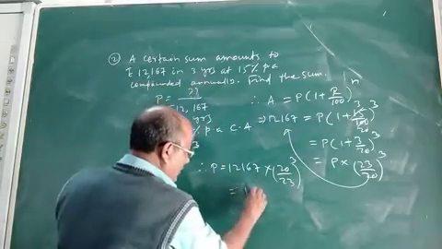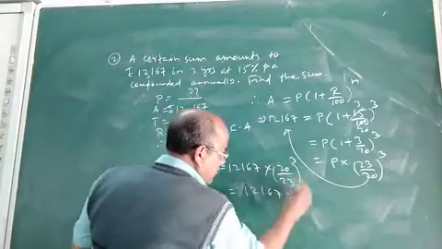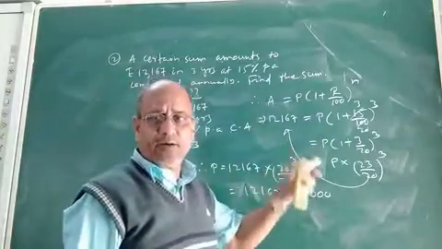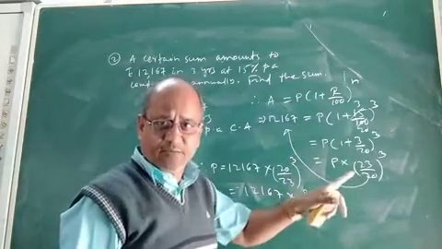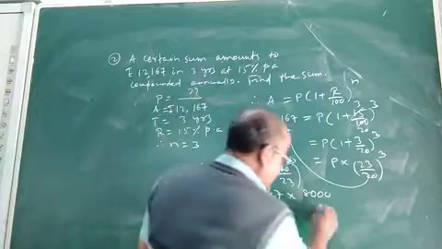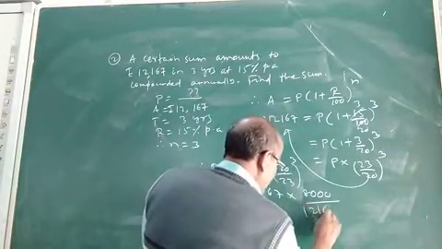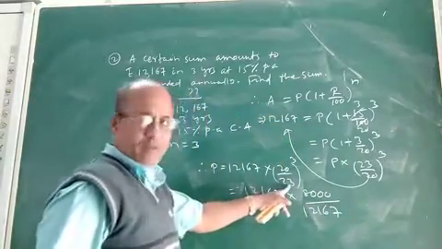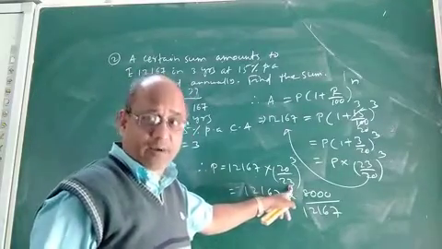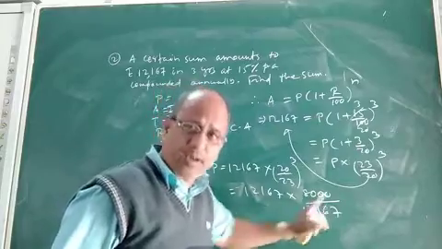Now what is the cube of 20? 20 multiplied 3 times gives you 8000. And if you take the cube of 23, it will be 12167.